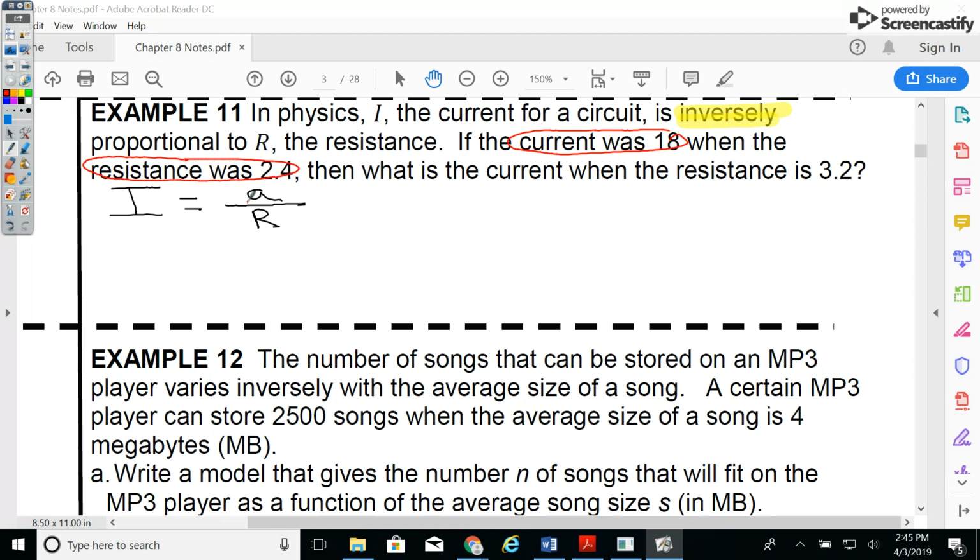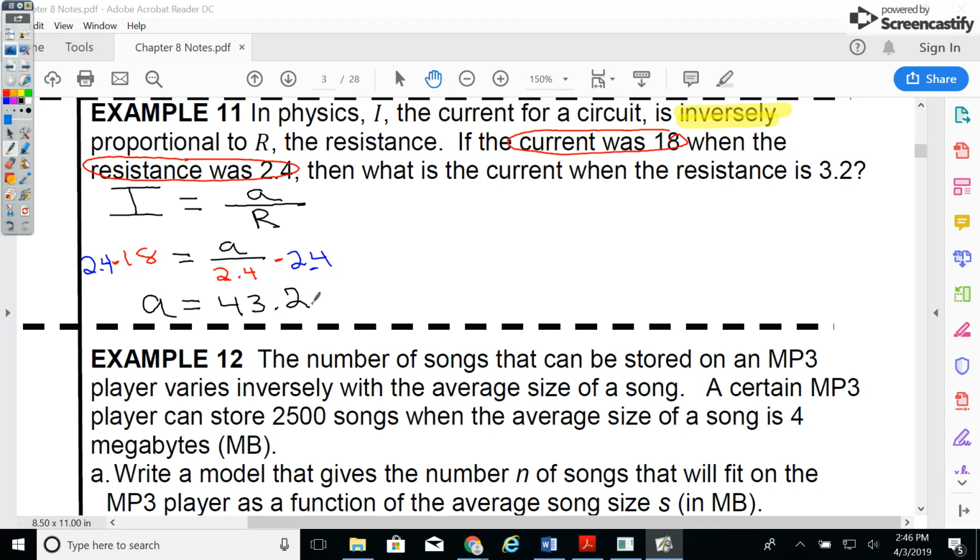We're going to use those two to figure out A. So 18 equals A divided by 2.4. So to solve for A, we multiply both sides by the 2.4. So 18 times 2.4 is going to give us that A equals, what is that number?